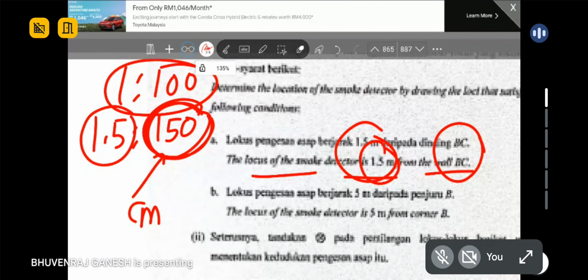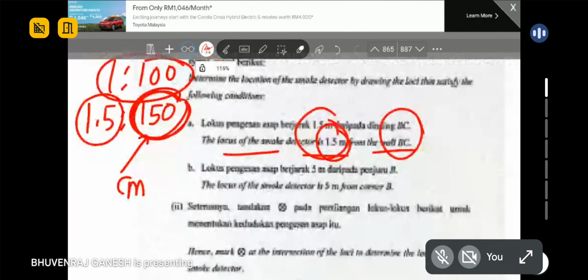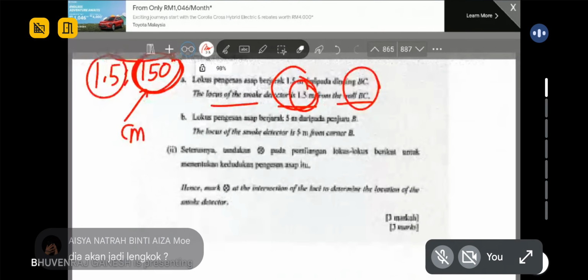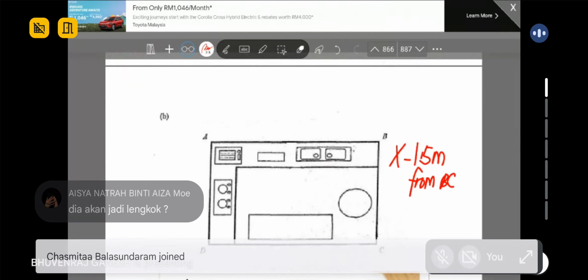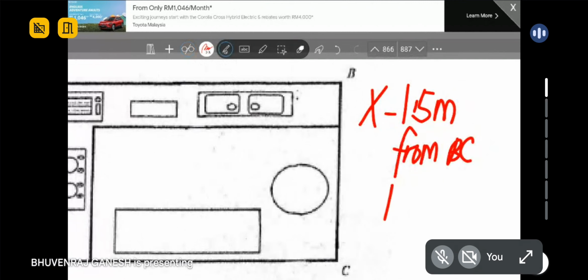Okay? But how you guys want to draw 150 cm? Macam mana nak lukis? Okay, tak perlu lukis 150 cm lah. Okay, kamu just adjust lah. Guna yang 1.5 cm lah. Kalau dia cakap 150 cm, you guna 1.5 cm. Okay, because tadi 1.5 meter kan, so kamu just guna skala dia.